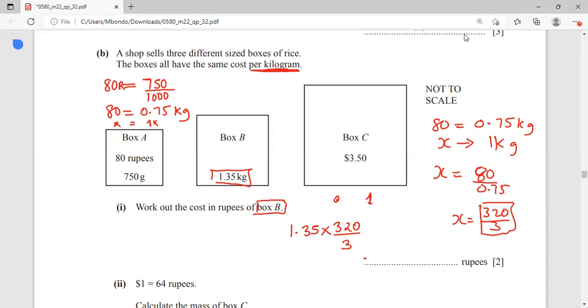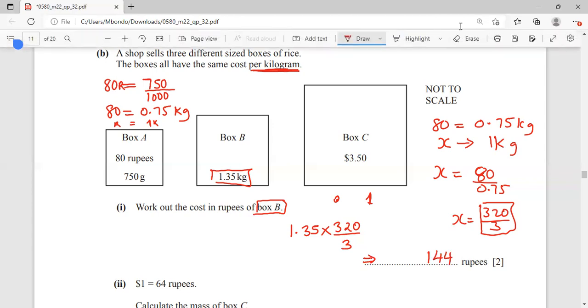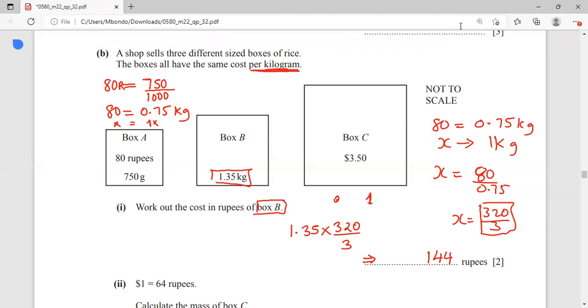What do we get here? You can work that one out and see what we are going to get. We multiply those two, so it is giving me 144 rupees.